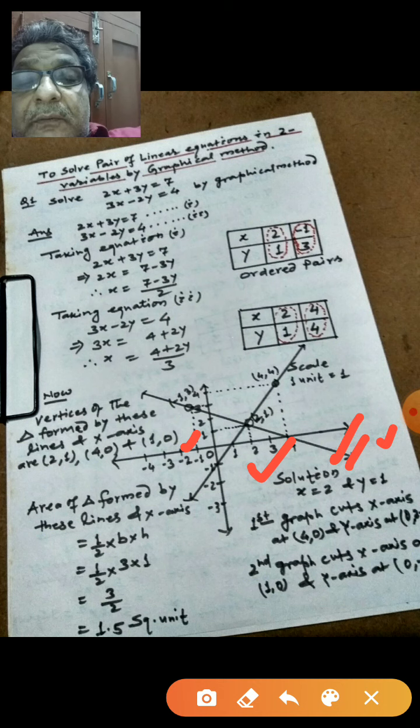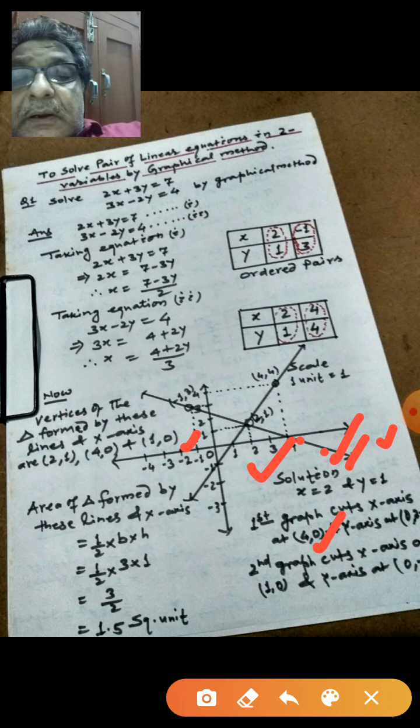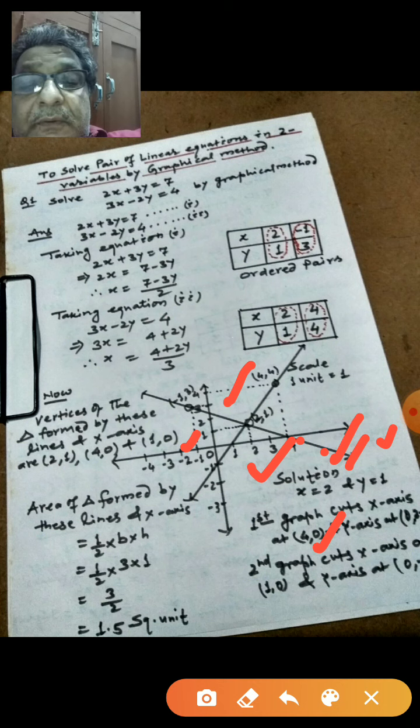So we may write like this: the first graph cuts the x-axis at 4 comma 0, because the y coordinate is 0 on the x-axis, and on the y-axis, as it appears, although it may not be correct because it is not drawn on graph paper, it cuts the y-axis at 0 comma 2.5.